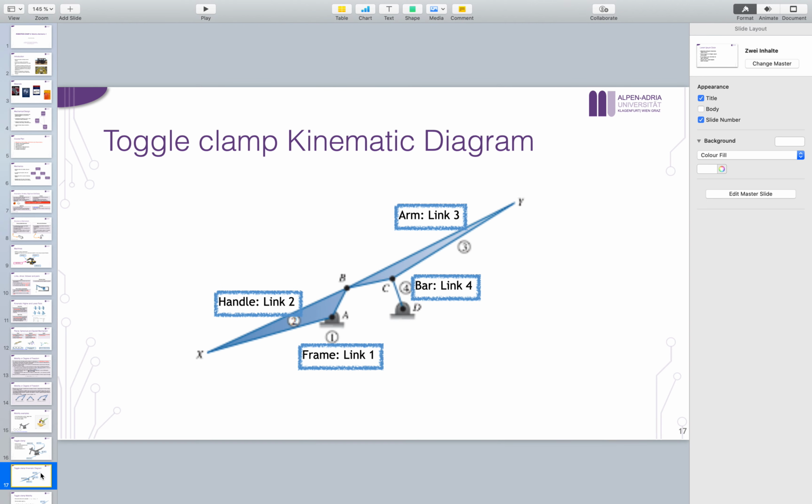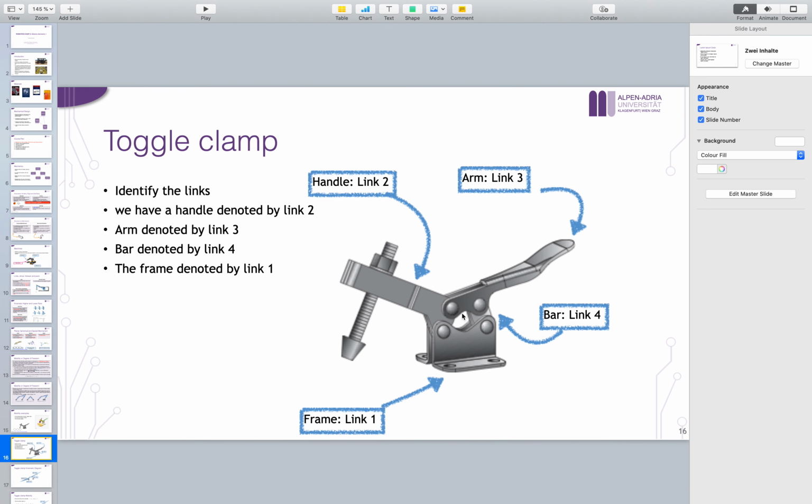That's simpler to analyze. In this kinematic diagram, the links are either drawn as lines or as a complex shape, like the triangles here. What is a complex link?